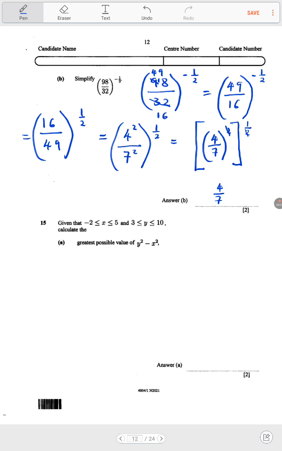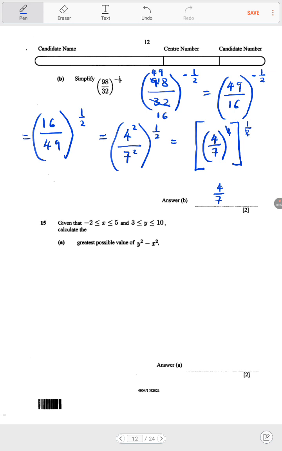Number 15 says given that x is greater than or equal to minus 2 but less than or equal to 5, and y is greater than or equal to 3 but less than or equal to 10, calculate the greatest possible value of y squared minus x squared.